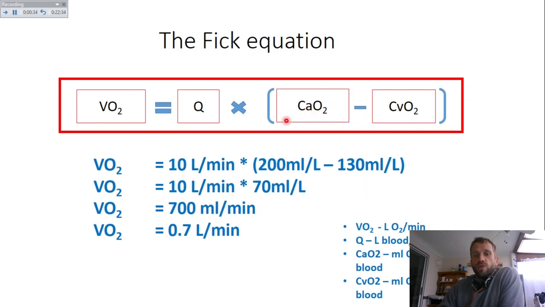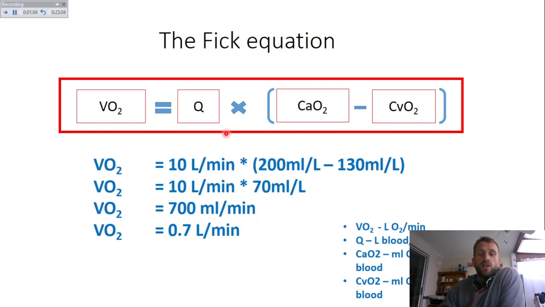A reasonable arterial oxygen content would be about 200 mils of oxygen per litre of blood, minus 130 mils per litre of blood on the venous side. If you follow that down, we've got 10 litres per minute of cardiac output times this 70 mils per litre of oxygen being consumed, which leaves us with an oxygen consumption of 700 mils per minute, or 0.7 litres per minute.